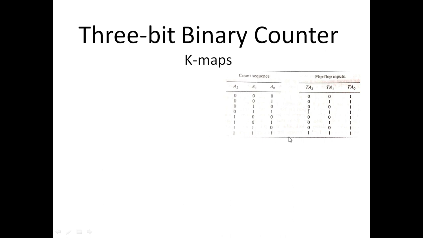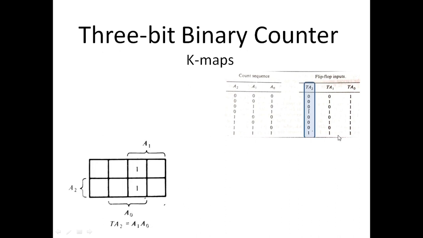Here we have the same excitation table. These are the output columns. Even though they are labeled as flip-flop inputs, they are in fact the outputs that you would like to create and then connect to the inputs of the flip-flops. Here is the K-map for the TA2 Boolean variable.